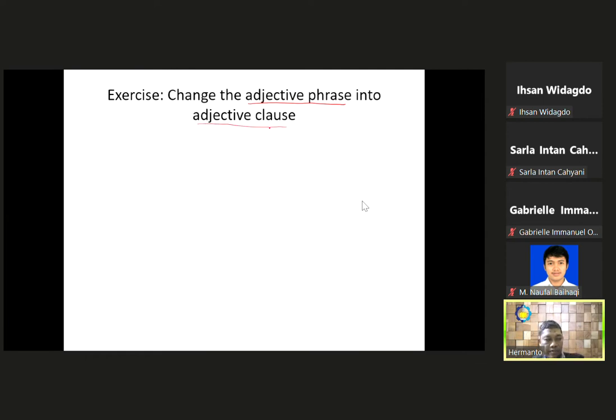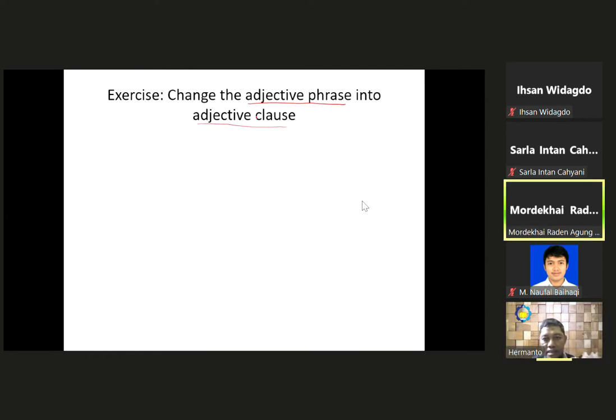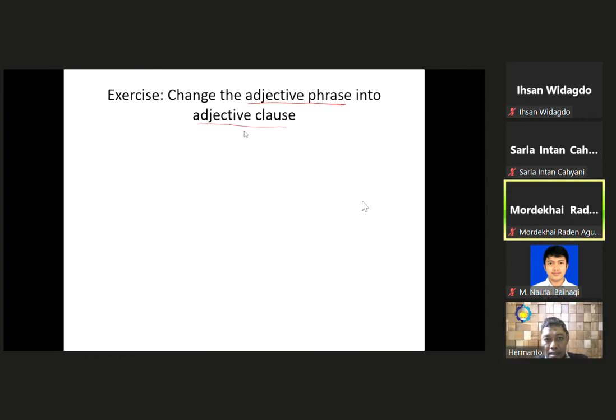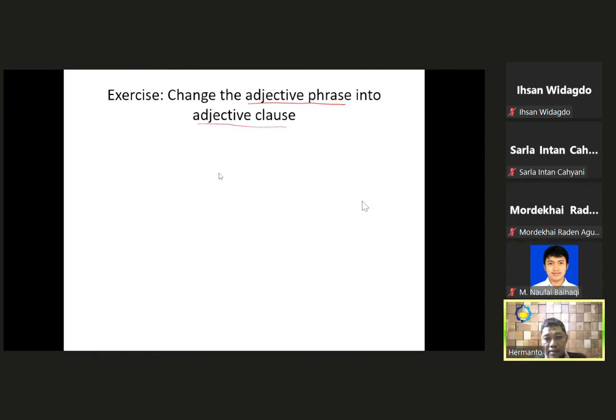What you did before this was change from adjective clause into adjective phrase. Now in this exercise, you have to think the other way around, everyone, from adjective phrase to adjective clause.